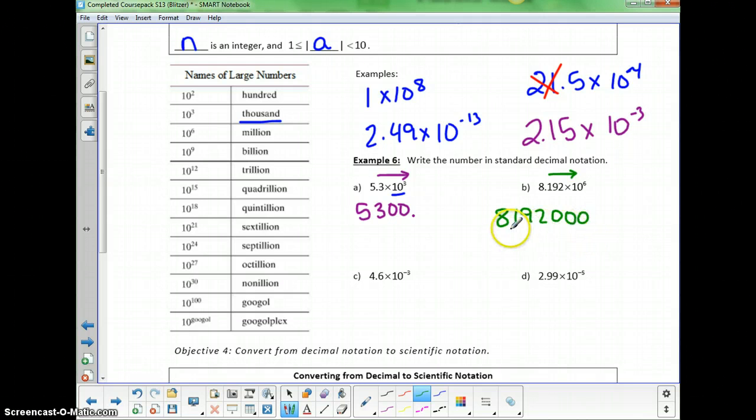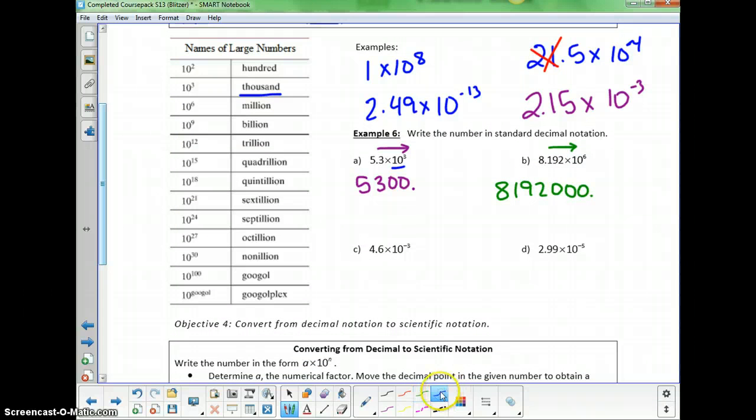Okay, so it used to be here, and it moved 1, 2, 3, 4, 5, 6 places to the end here, and hopefully that's going to make a bit of sense. 6 is supposed to be million, so this looks like 8,192,000. That would be the name for this number.